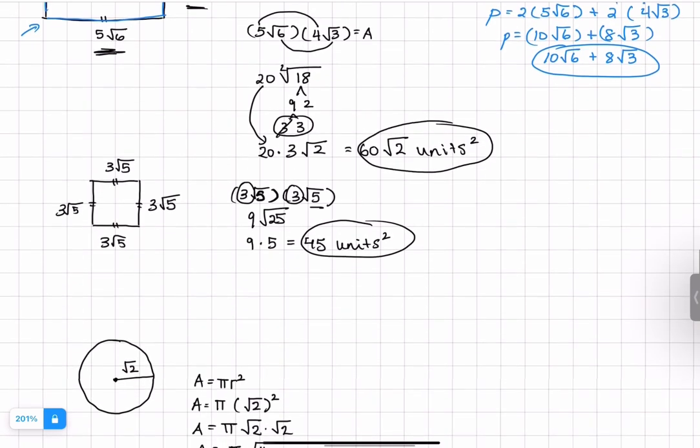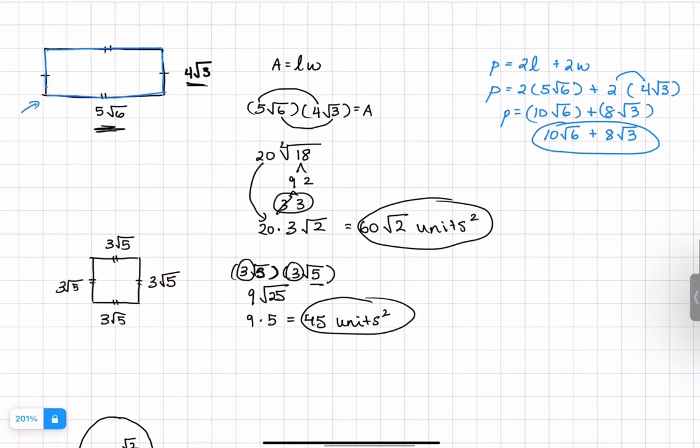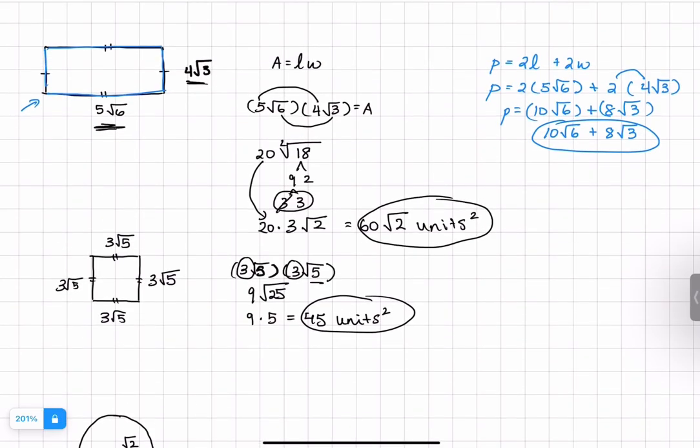Moving on to our square, let's find the perimeter of this. The square shares the same perimeter formula as a rectangle. So perimeter equals 2 times length plus 2 times width.